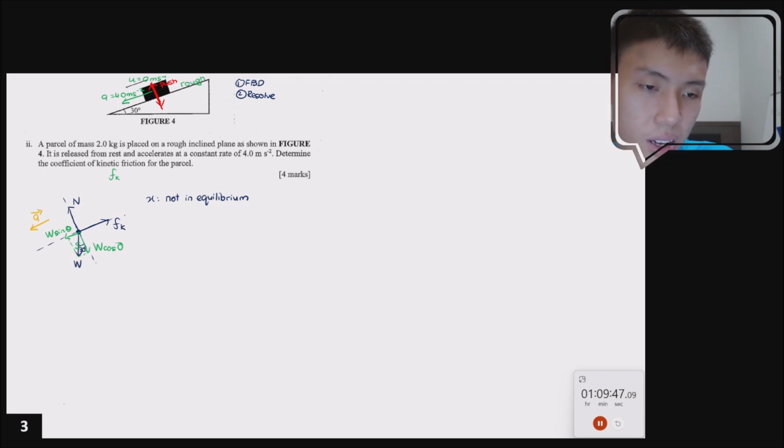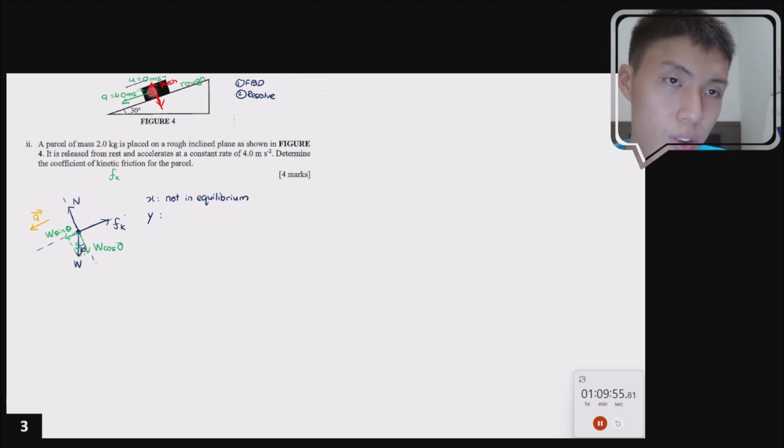Okay. Next, the y component. The y component is this component. We know that our block over here is not flying away from the inclined plane. It is not entering the inclined plane. It is moving along the surface of the inclined plane. So it's not moving up, it's not moving down with respect to the surface of the inclined plane.